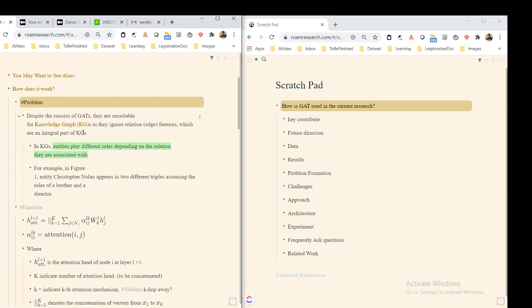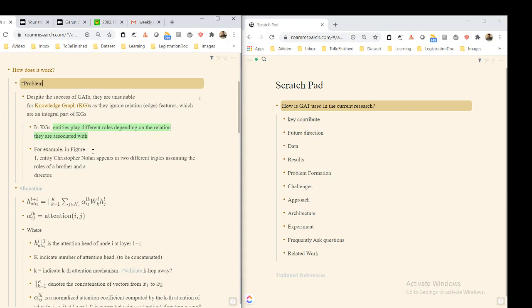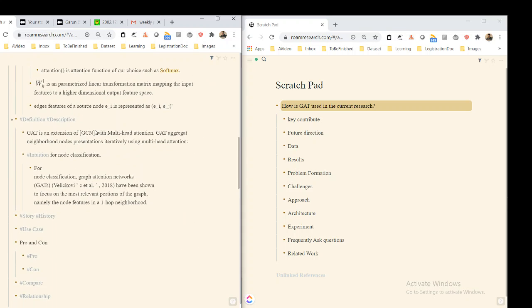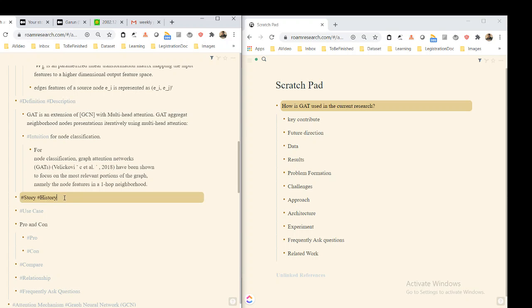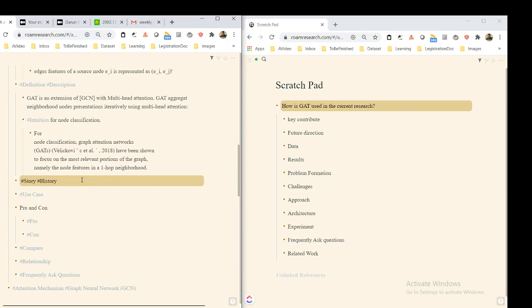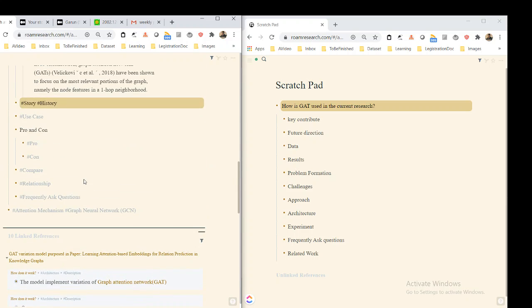Okay, so this is not related to that. It's related to more like a certain problem, like knowledge graph, and then I would go into a story. Currently, there is no story, meaning there's nothing about the story so far.